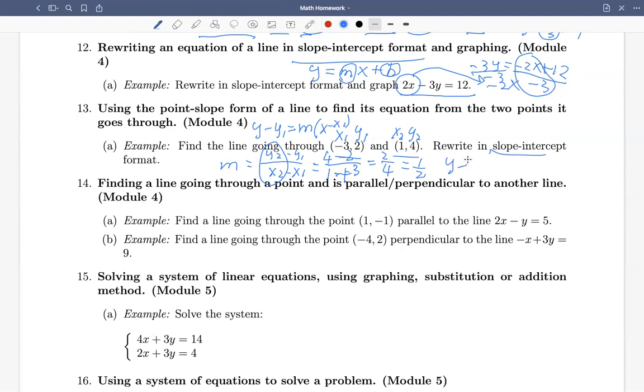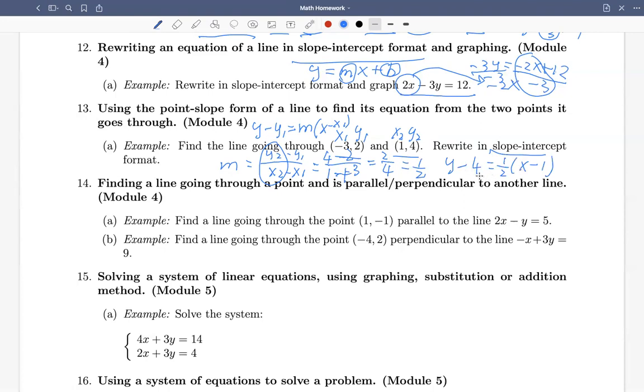Now with the slope, we can write our equation. You may choose to work with x2, y2. Let's choose x2, y2 so we don't have to deal with the negative numbers. So y minus y2, which is 4, y minus 4, equals the slope, a half, times x minus x2, which is 1. If you want to simplify, you can simplify it.